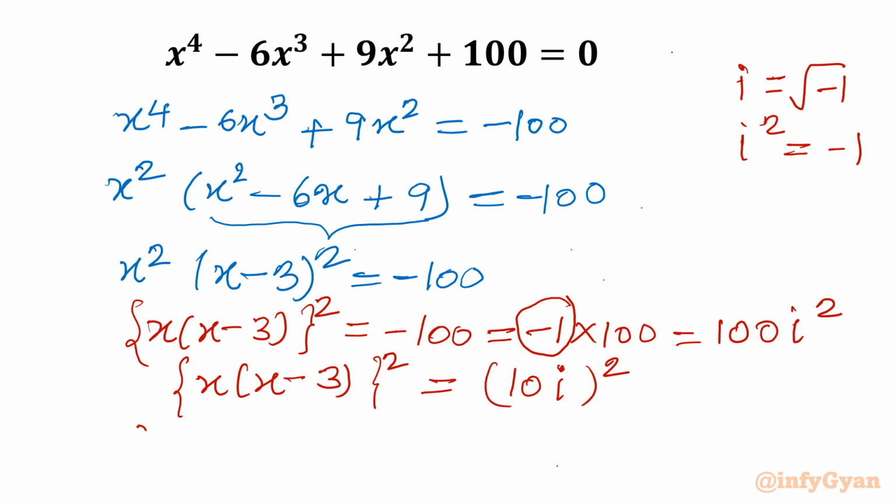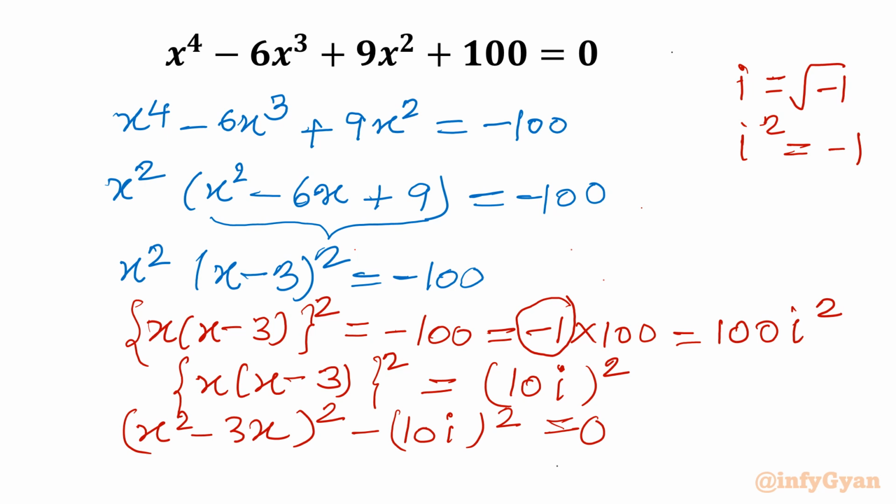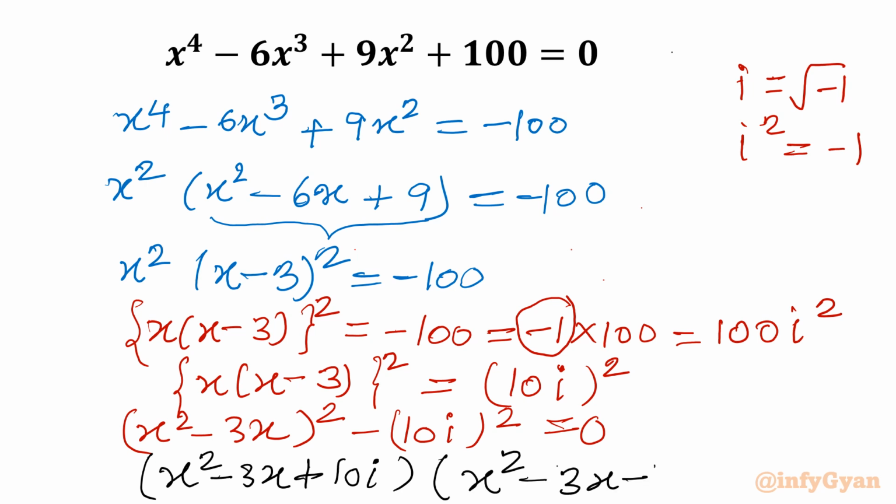Take all the terms to one side. So I will write (x square minus 3x) whole square minus (10i) whole square equal to 0. Now a square minus b square, (a plus b)(a minus b). So I will write (x square minus 3x plus 10i), a plus b bracket is done, (a minus b), (x square minus 3x minus 10i) equal to 0.